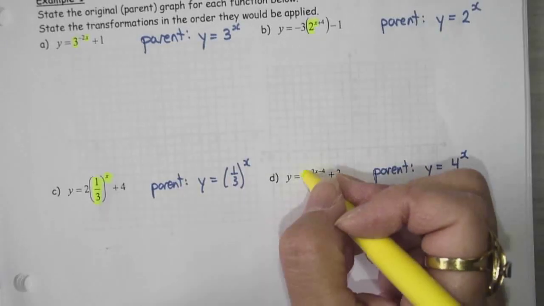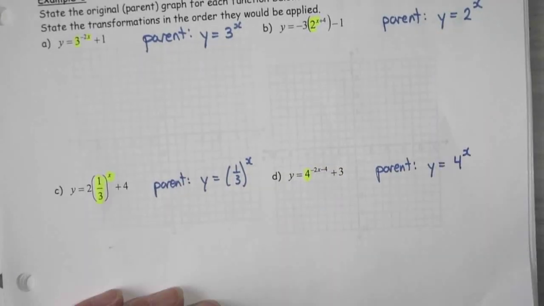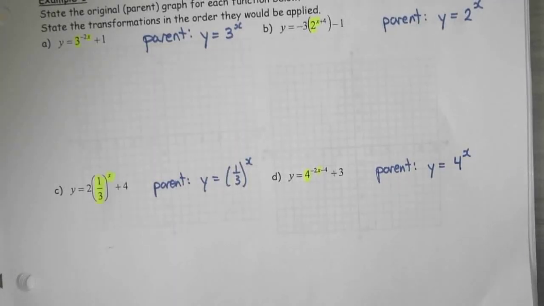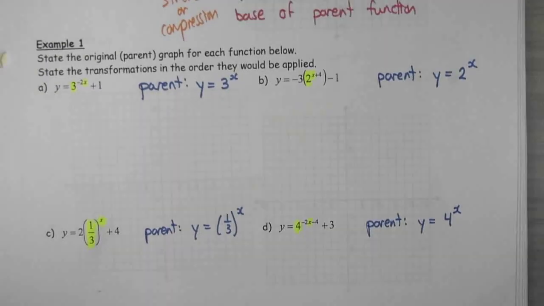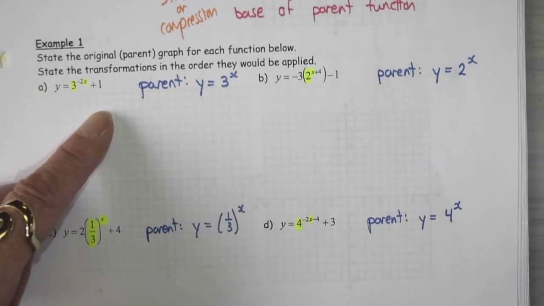So you're grabbing the 4. That's not a stretch. That's not a vertical stretch. There needs to be a base, right? There always has to be a base. Okay. We good? And what else do we have?